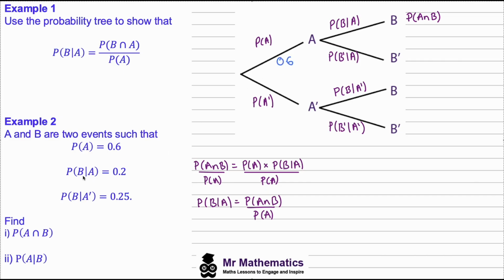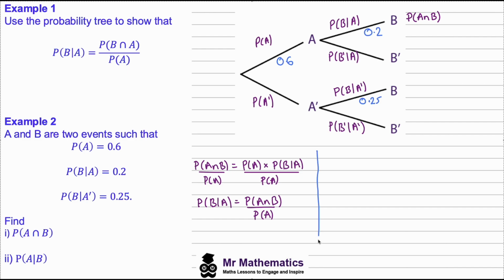The probability of B given A is 0.2. That'll be this one here. And the probability of B given not A is 0.25. So this will be this one. We need to work out the probability of A intersecting with B. And that will be this one.